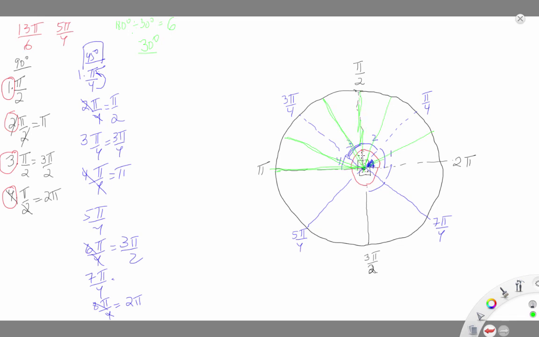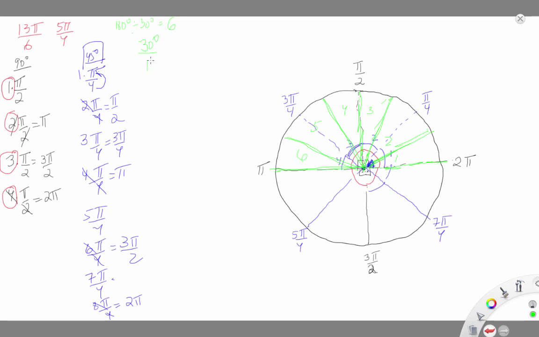Here we have 30 degrees as well, 30 more, 30 more, and finally over here 30. So how many 30-degree angles fit inside 180? 1, 2, 3, 4, 5, 6. I have 6 such angles.